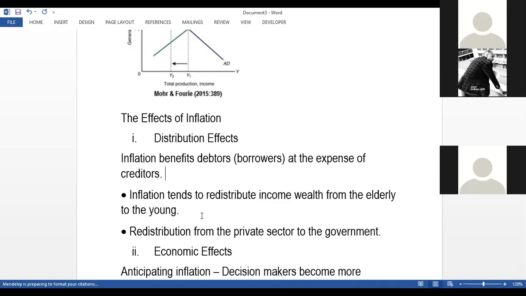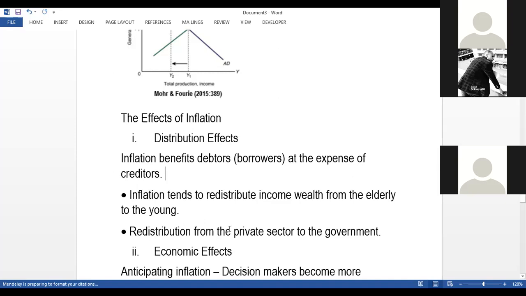What they invested in during the course of their working life would be eroded, in some instances back to zero. These scenarios occurred in Zimbabwe, in Germany, and in Argentina, where hyperinflation occurred.